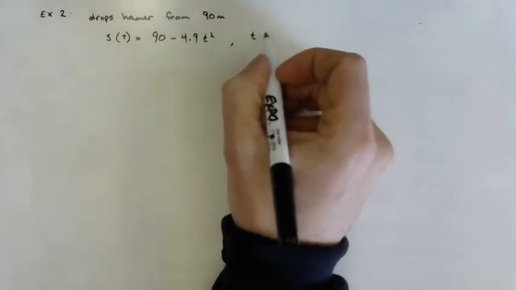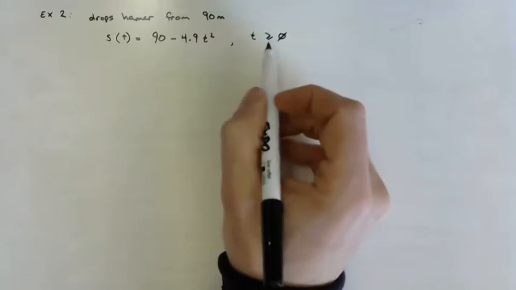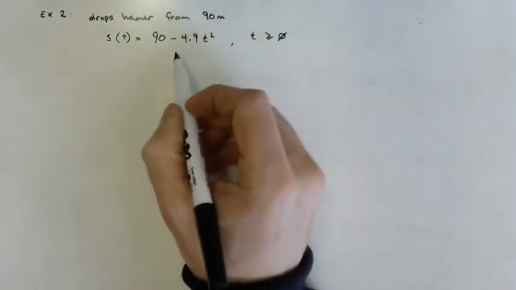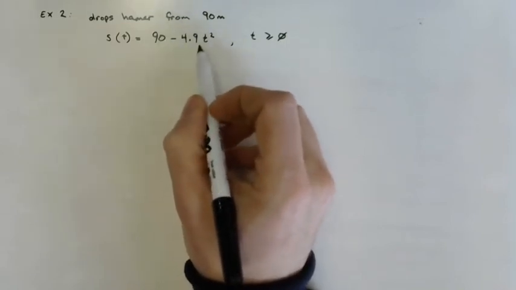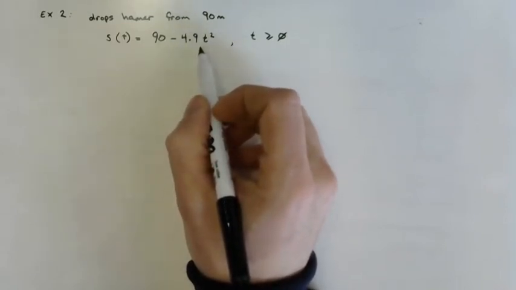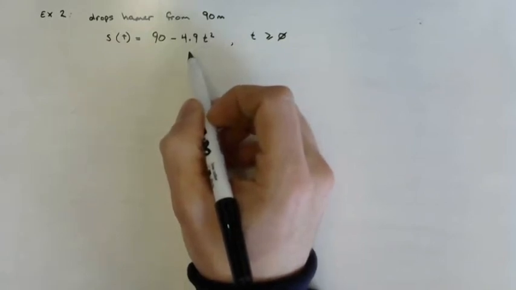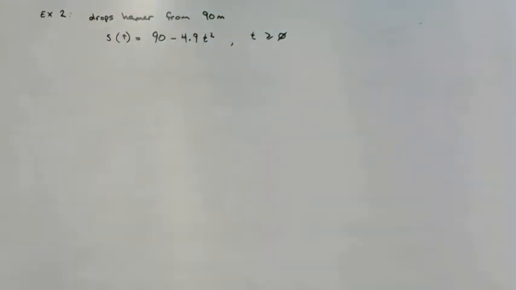And the restrictions on this is that t is always greater than 0. Okay, so a real world problem, time measured from the drop, time must be greater than 0. Also right here, negative 4.9 t squared, that is acceleration due to gravity on Earth minus wind resistance. If there was no wind resistance, if you were in a vacuum, then you'd have negative 4.9 meters per second squared would be your acceleration due to gravity.